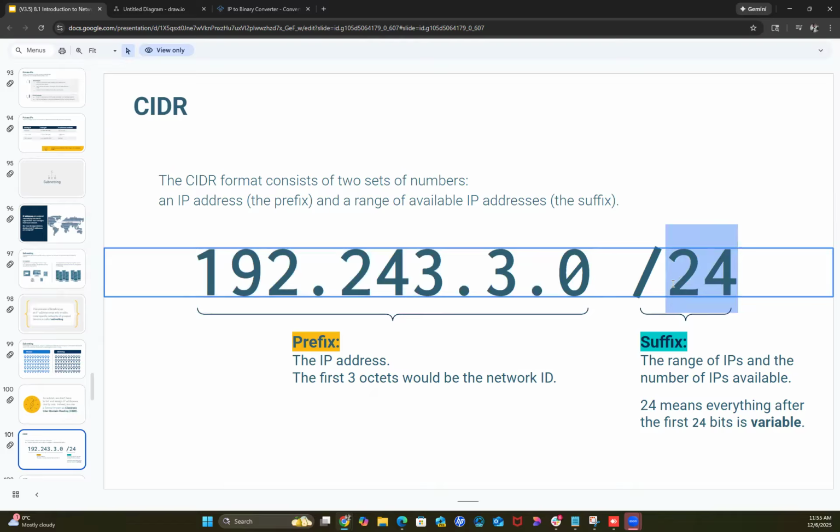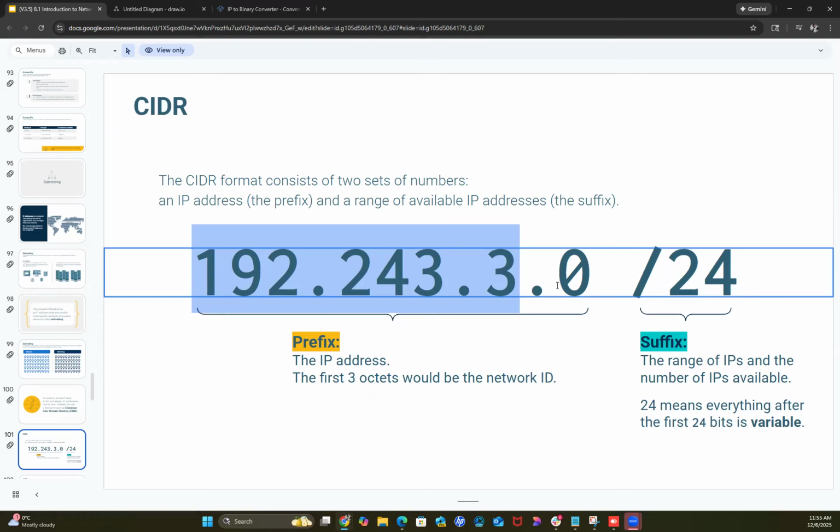What does the 24 mean? Using the /24, we know the 192.168.1 is a portion. This is the main portion, the first IP address. And these are the 3 octets, 192.168.1. This is the first octets of the preceding address in this network ID.